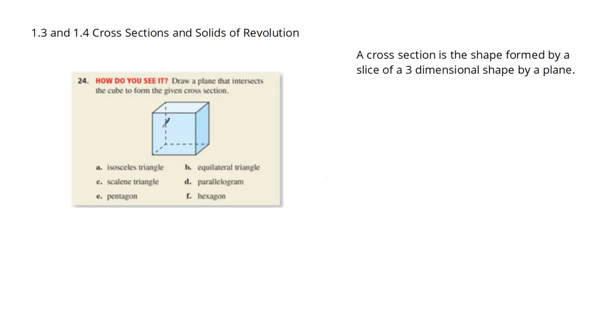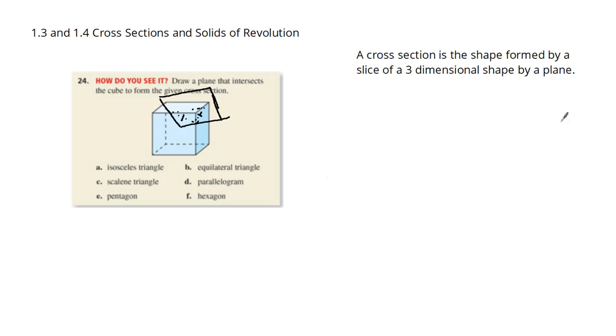So if you want to get an isosceles triangle from the shape, we're gonna draw a plane right here. You'll probably get a plane something like this, and that'll give you a triangular cross section. See, that's equal to that, right?